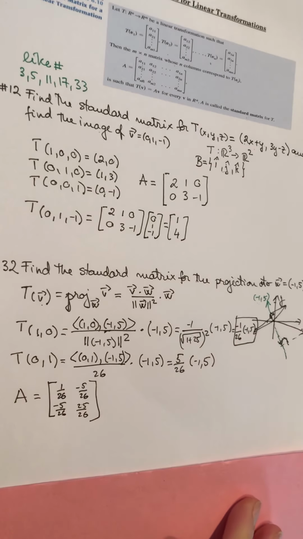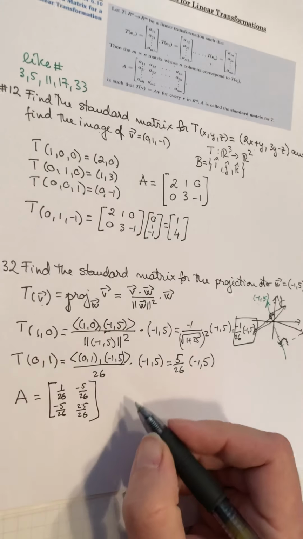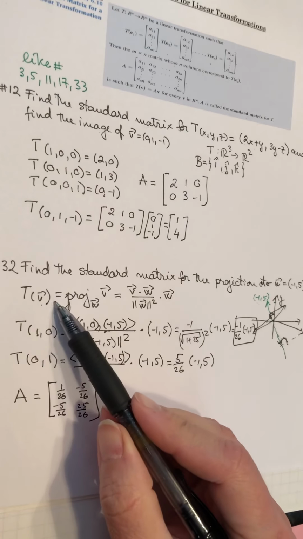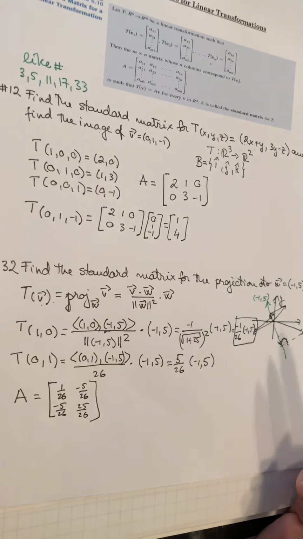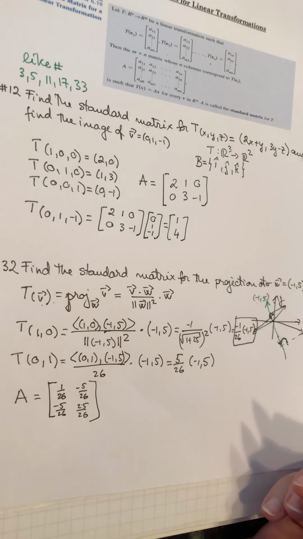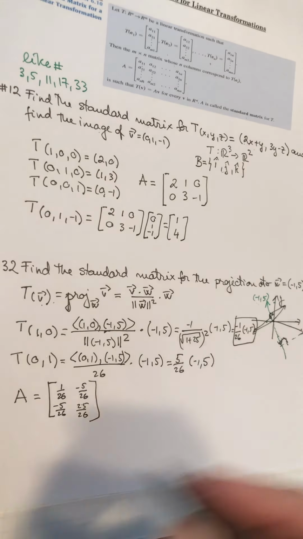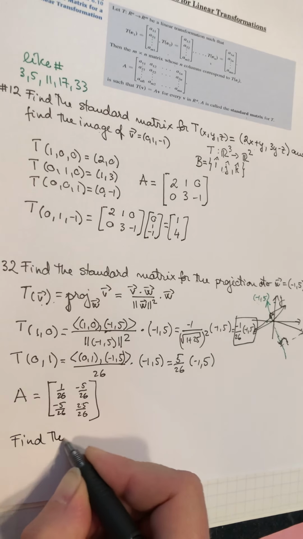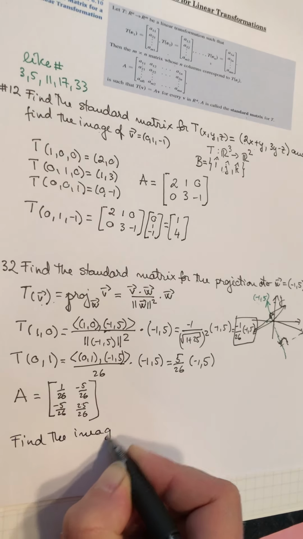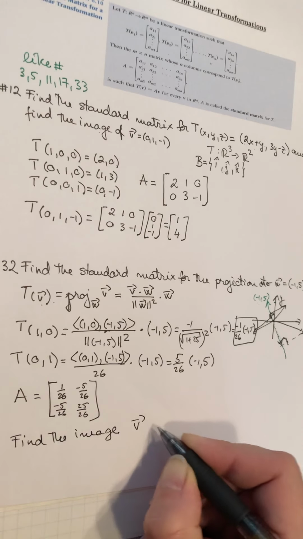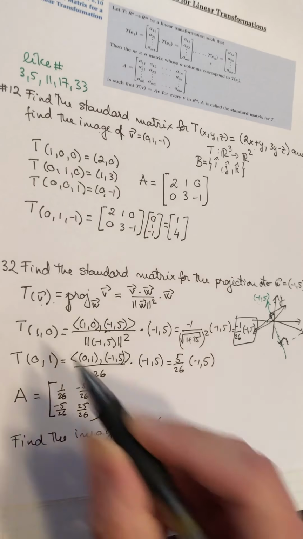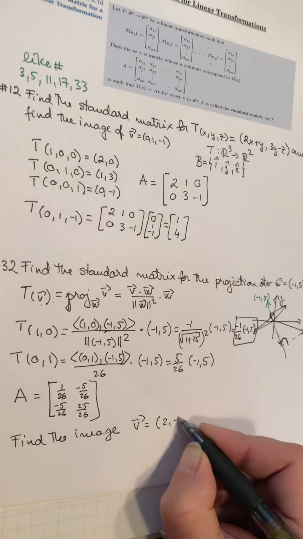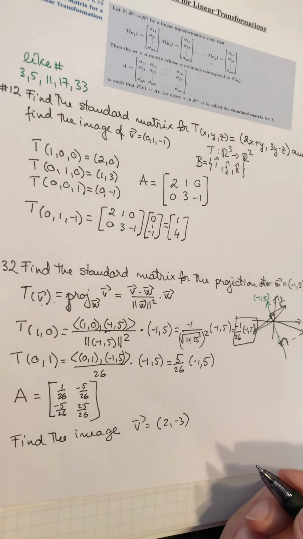Now, to find the image of V, so now I am given a specific vector. Let's try to find the image of a vector, let's say, I think number 32 had 2, -3 in there.